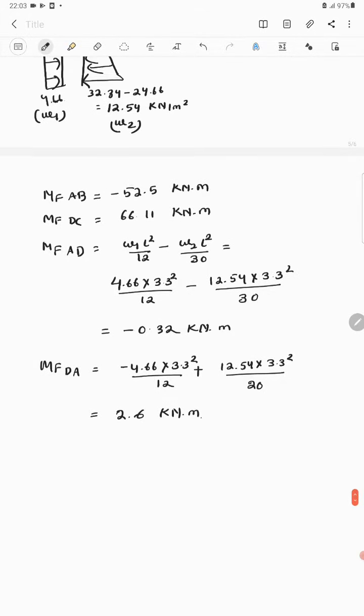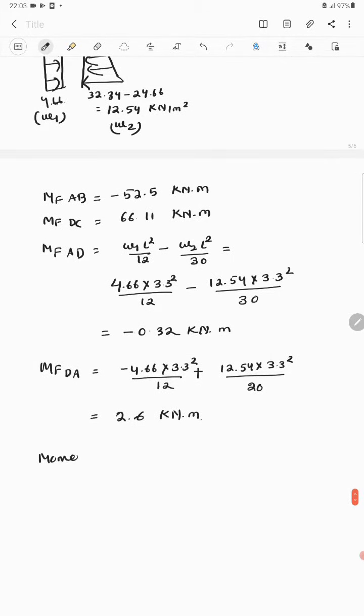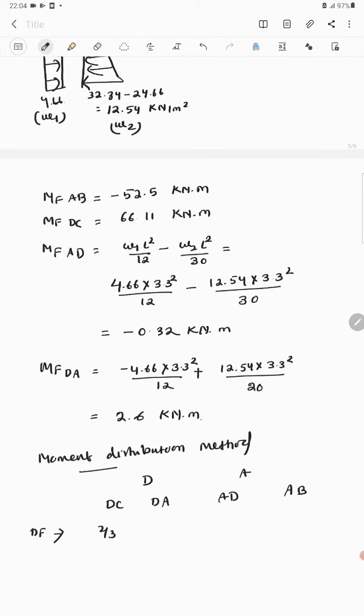So now I'll go for moment calculation by using the moment distribution method. So these are the joints D and A. Remember DC, DA, AD, AB. So what is the distribution factor for DC? 2 by 3. This is 1 by 3, this is 1 by 3, this is 2 by 3. Then the fixed end moments: 66.11, this is 2.6, this is minus 0.32, this is minus 52.5.